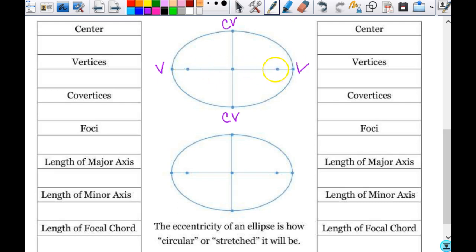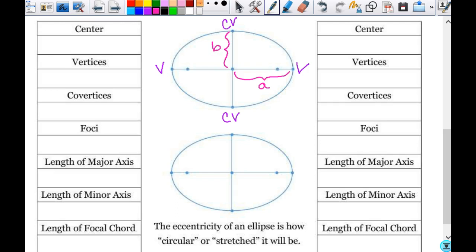The foci is plural for focus, by the way. The foci are always on the major axis, always, which is always the longer one. And so the distance from the center to the vertex along the major axis is A, because A is always bigger than B. And then the distance from the center to the co-vertex is B. And I know that's labeled up there, but I want you to have it labeled again that we're actually writing it in.